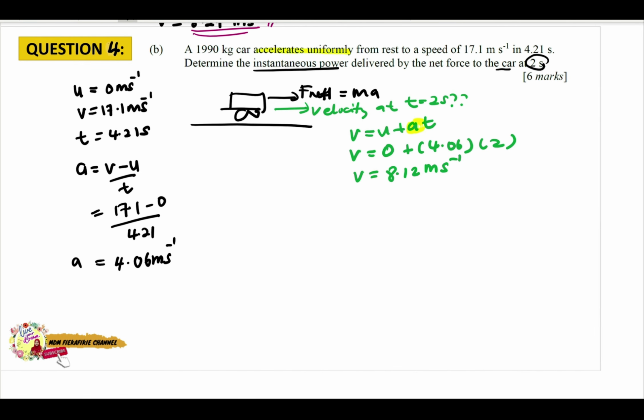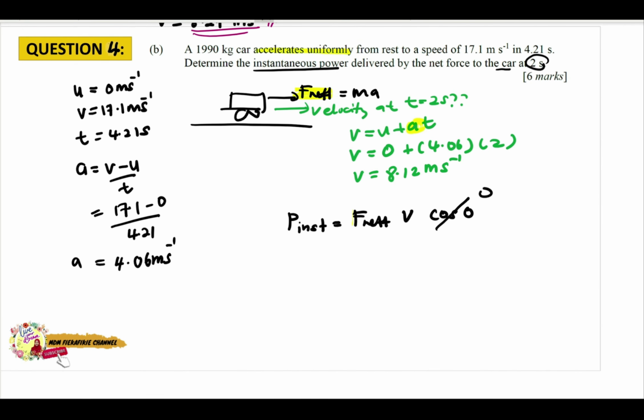Alright. Therefore, okay, since V is equal to 8.12 meter per second, so we can calculate what is the instantaneous power, which is F net times V, same direction, right? So cos 0. Okay. Maknanya bila dia bergerak ke kanan tu, dia mesti ada daya bersih dia. F net. Okay. Where F net is equal to MA.